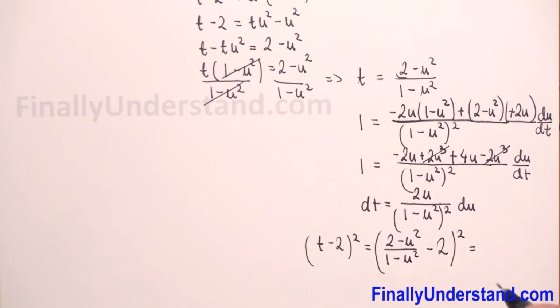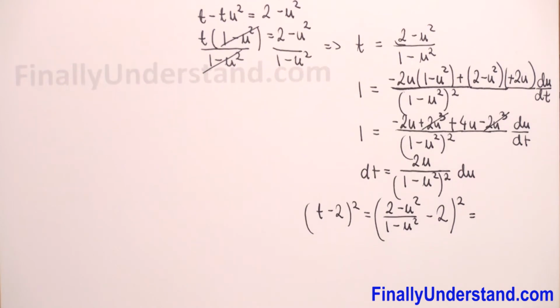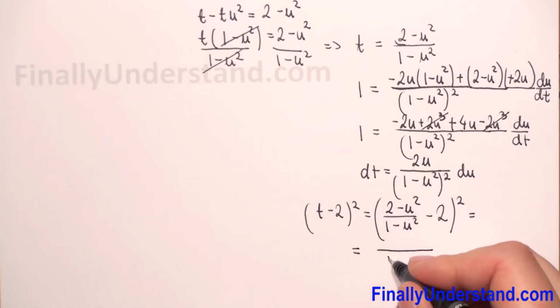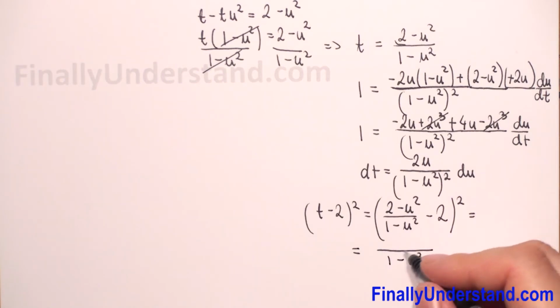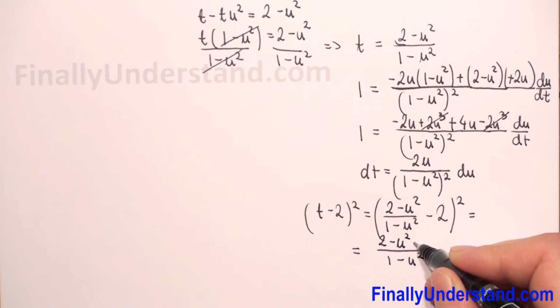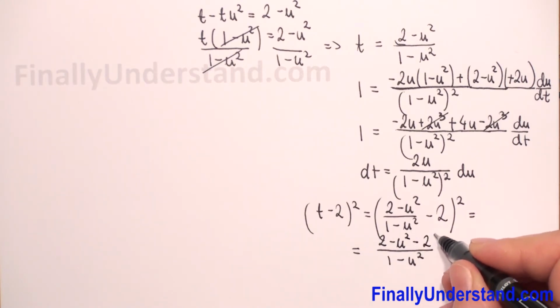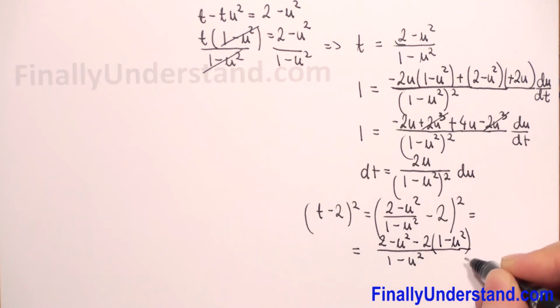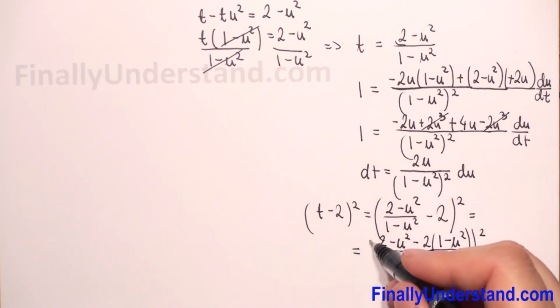To subtract these two expressions we need to have a common denominator, so this is equal to 1 minus u square in the denominator and in the numerator 2 minus u square minus 2 times (1 minus u square), everything to the second power.